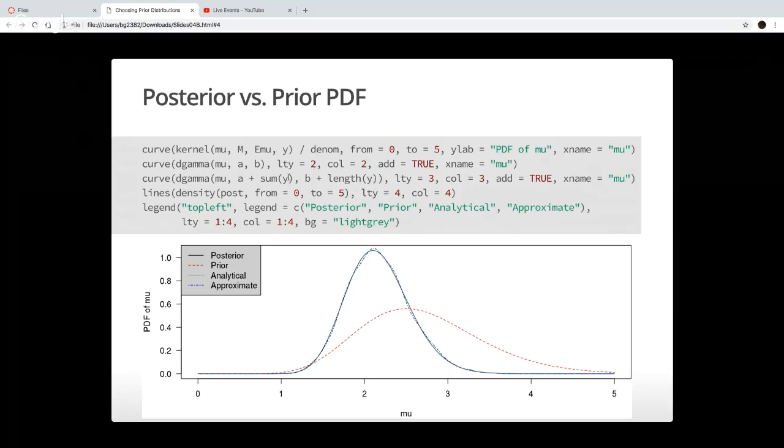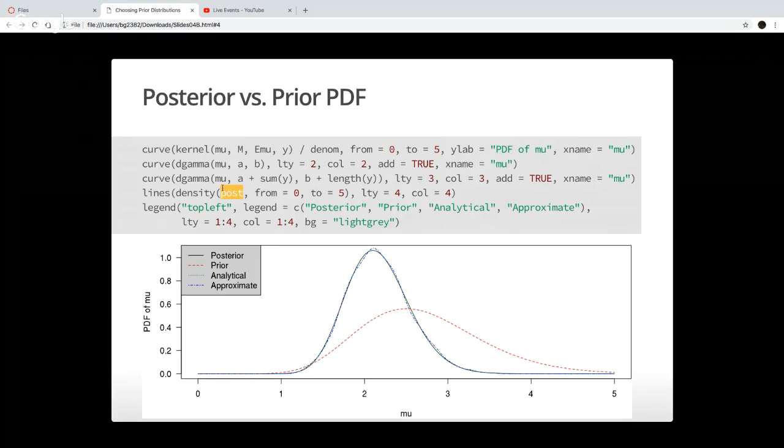Then we also have a kernel density approximation to this posterior PDF that was obtained when we got 10,000 draws from this posterior distribution by drawing from the prior predictive distribution and seeing if the sum exactly matched the sum of the data points that we had.